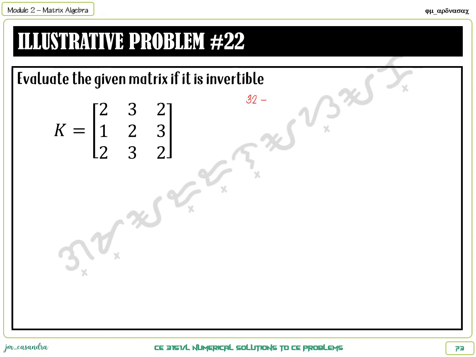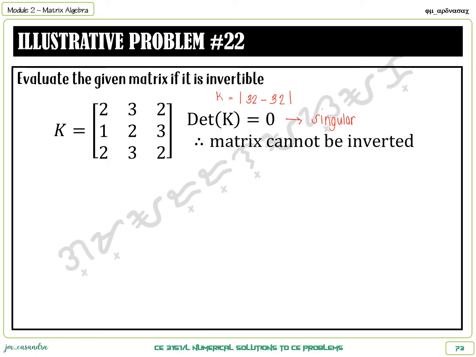Minus 2 times 2 times 2 plus 3 times 3 times 2 plus 1 times 3 times 2, which is also equal to 32. So the determinant of K is equivalent to 0. When the determinant is equal to 0, this is a singular matrix. Therefore, the matrix K cannot be inverted.